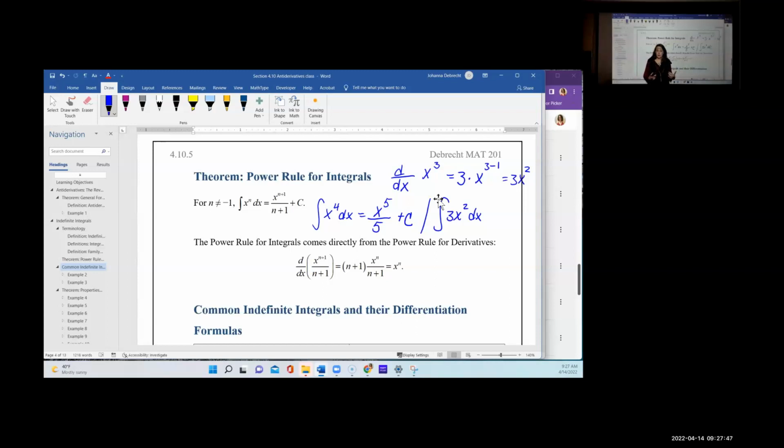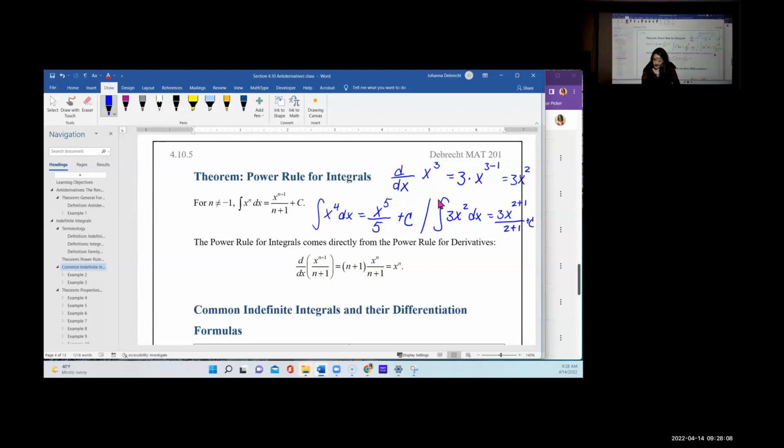The constant can be pulled out of that operation. So we can do the power rule for integrals: we take the second power, add 1 to it, and divide by the new power, up to a constant.